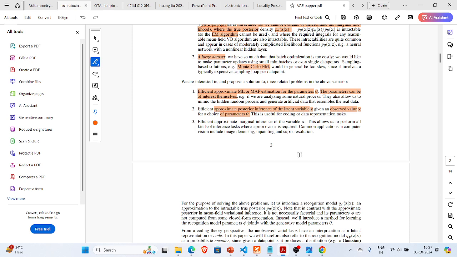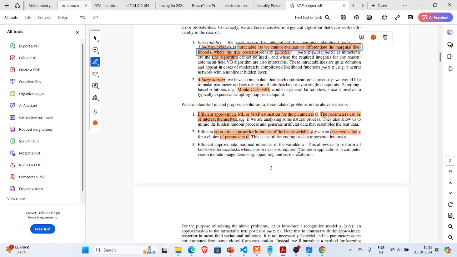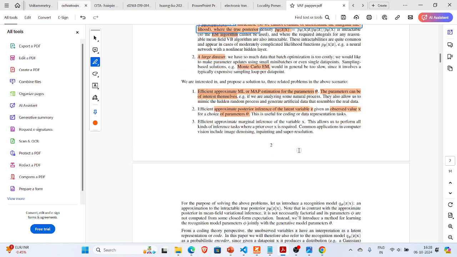It is useful in representation, because we are not using x here; a lower dimensional z is what we use, to reduce data usage. And next we are trying to find the marginal likelihood of x, p of x, because with that we can generate data.